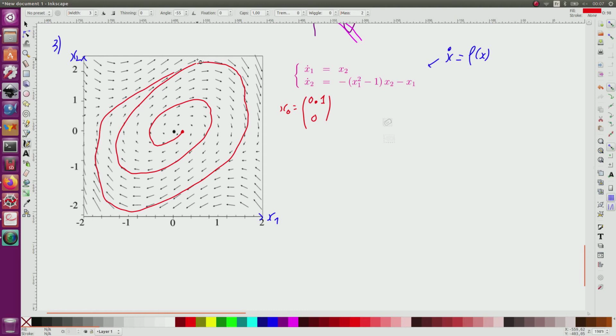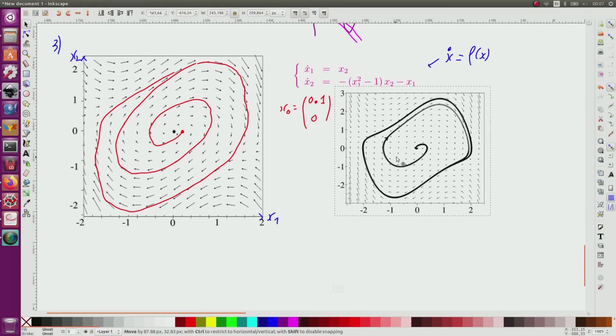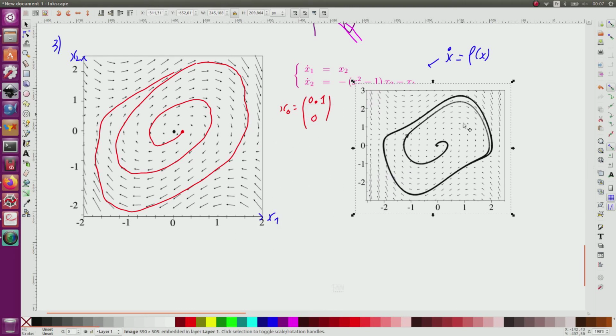So what I do with the pen corresponds to an integration scheme, and usually we use the Euler method or Runge-Kutta method, depending if I want to be precise or not, depending on the system. If I do this, a trajectory is given here. Okay, and from the initial point, now what I want is to have the solution for y.